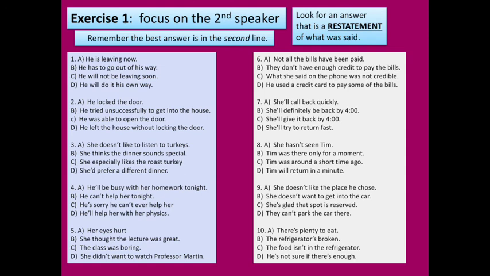So your assignment is to finish the rest of the questions in this activity. Remember to focus on what the second speaker says, because that is where you will find the information for your answer. Good luck, and as always, if you have any questions or if you need help, you can send me a message and I will help you.